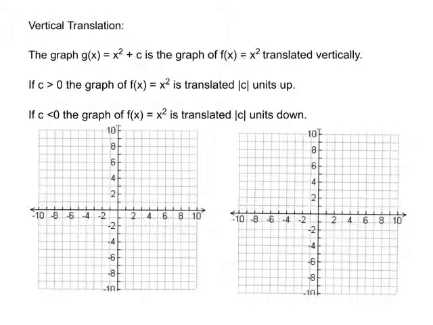So for example, if I had just a parabola at our axis, so we're looking at f of x equals x squared, my vertex is right here at 0, 0.